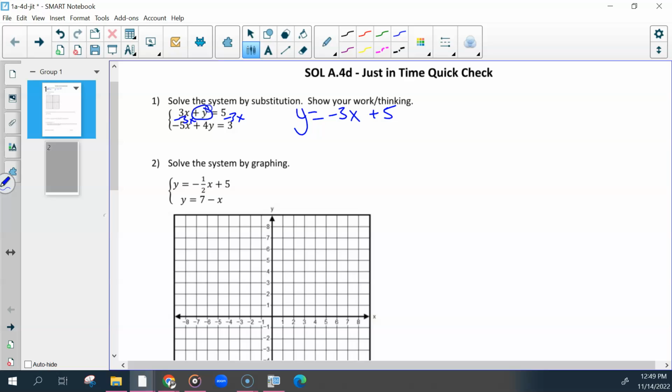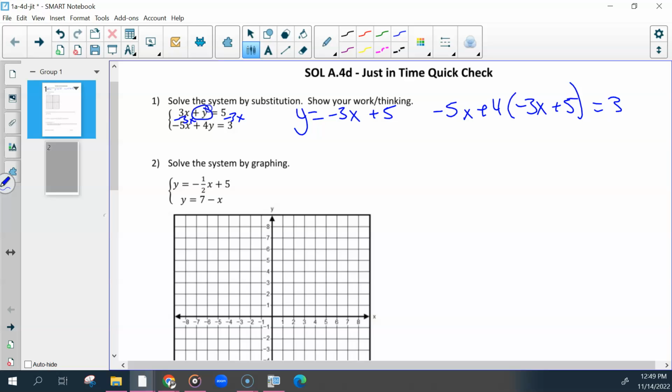Take that equation, put it into your other one, where y is. So you substituted the equation into the other, and then start to solve for the variable.